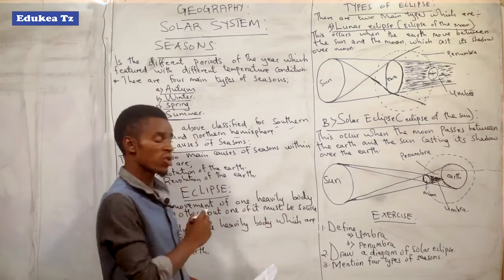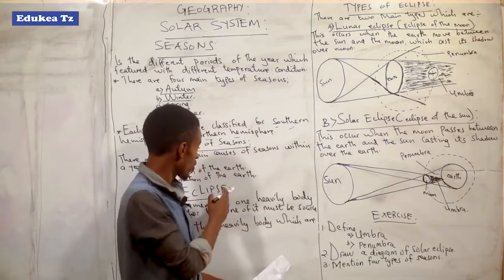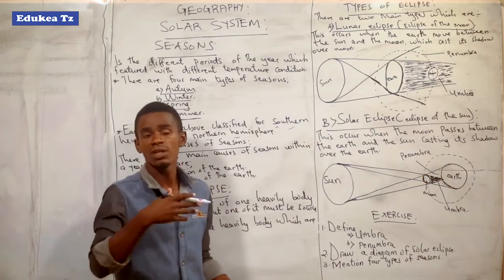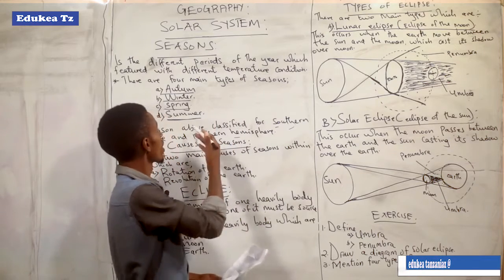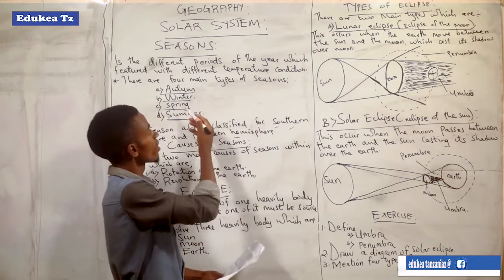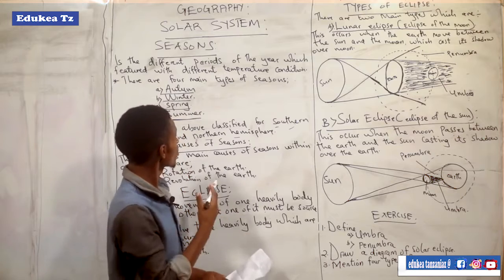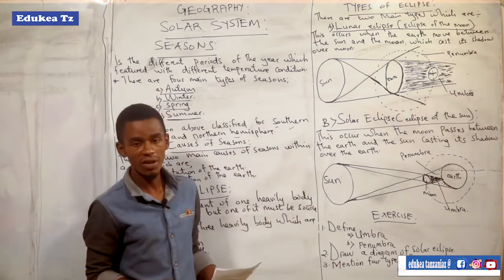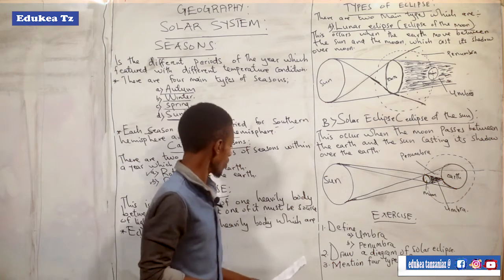First of all, we start with the rotation, which causes 24 hours, and finally 7 days, months, and finally a year. In that way, we get the different seasons within the year. So that is all about the seasons of the year. You have to remember that we have only 4 types of season.